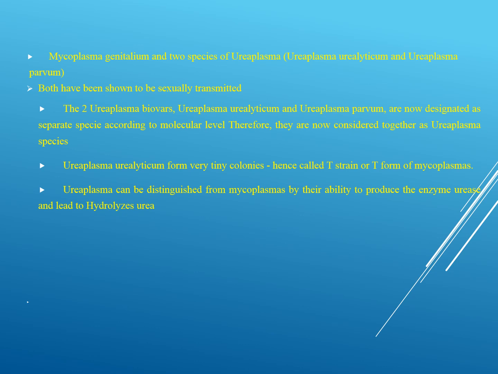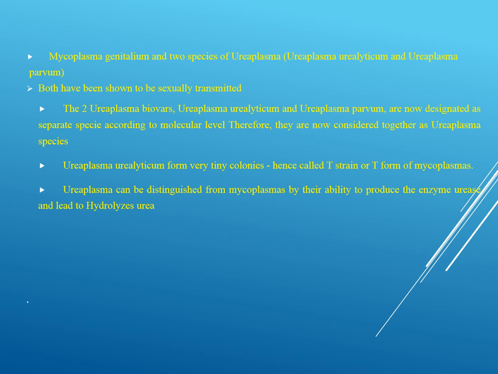Now the genital mycoplasma. Genital mycoplasma contain Mycoplasma genitalium and two species of Ureaplasma, which are Ureaplasma urealyticum and Ureaplasma parvum. Both species, I mean Mycoplasma genitalium and the two species of Ureaplasma, are considered sexually transmitted. In case of Ureaplasma, the two biovars, Ureaplasma urealyticum and Ureaplasma parvum, are designated as separate species according to molecular level.